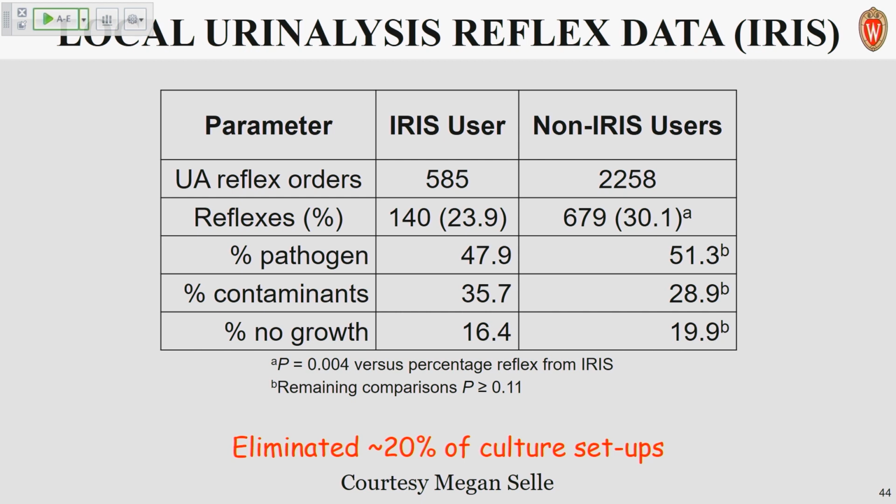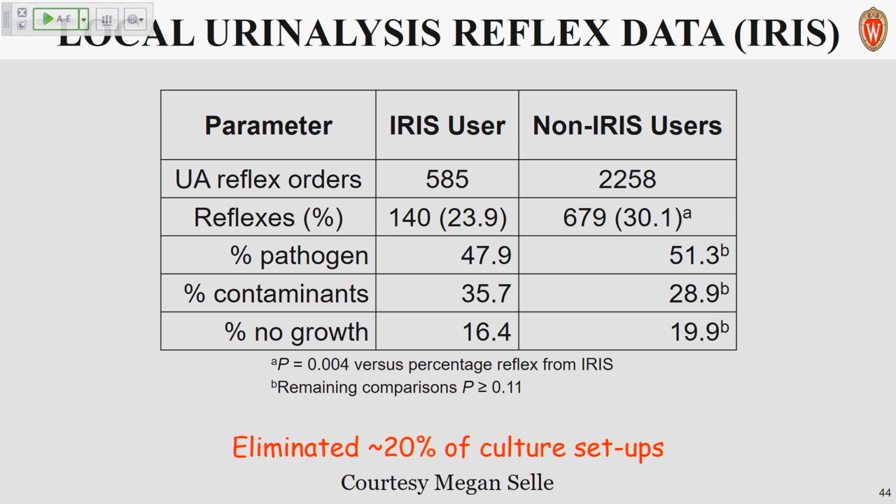And in a lower N value, that's sort of on par with the 35% that we saw in the primary literature in the JCM article. And even with that 20% reduction, there was no significant difference in the proportions of pathogens she found in her iris situation versus non-iris situation, and the contaminants and the no growth values all had p-values greater than 0.05. Any other comments about the iris in your setting?